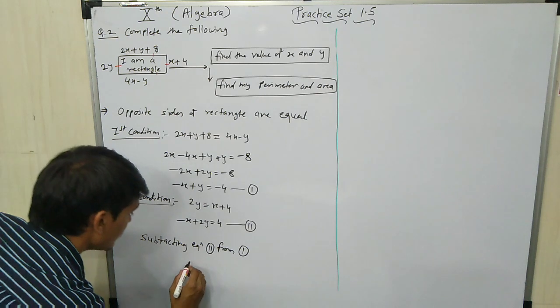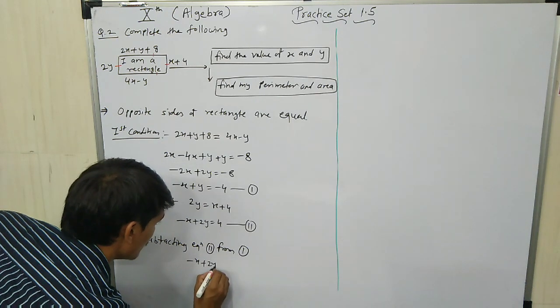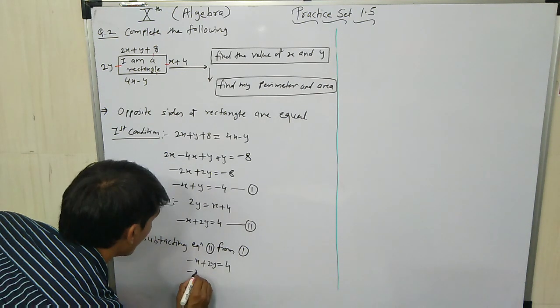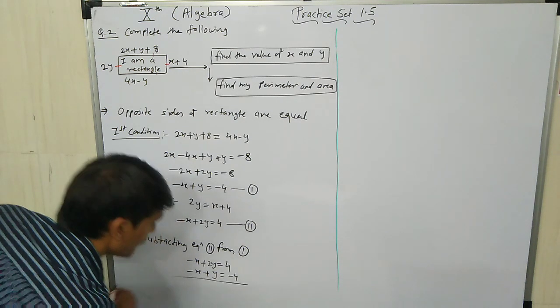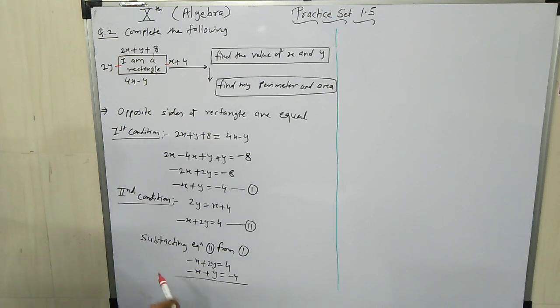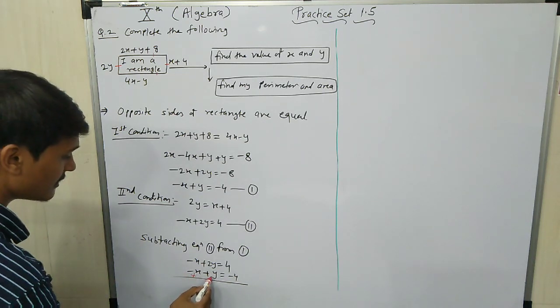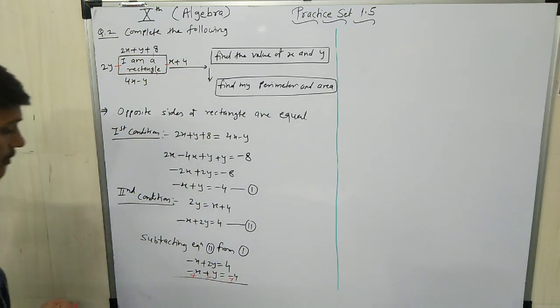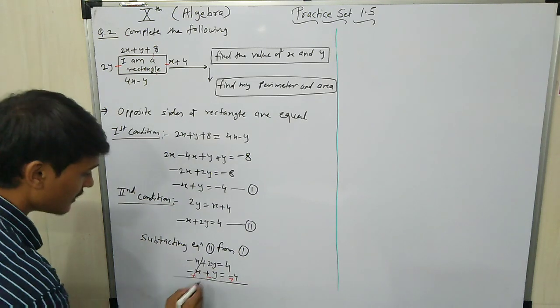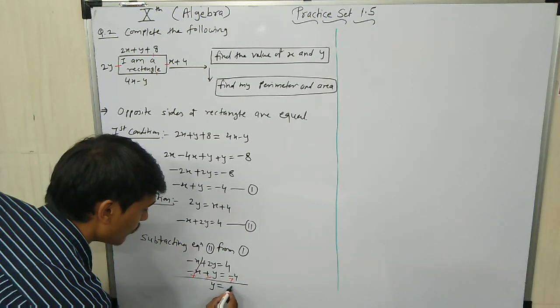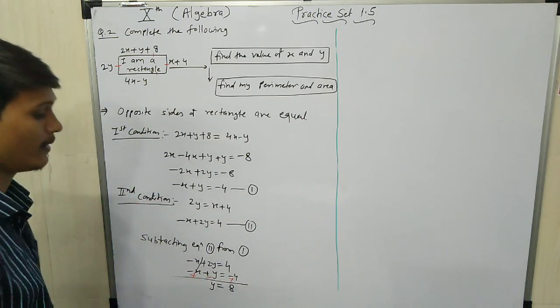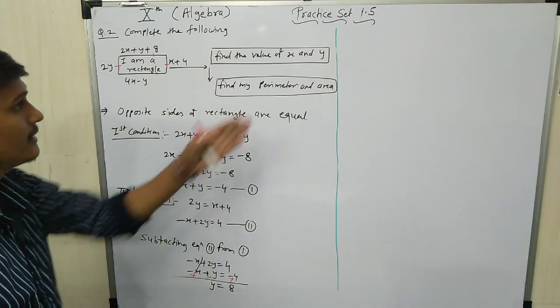What is second? Minus x plus 2y is equal to 4, minus x plus y is equal to minus 4. There is subtracting, sign will be changed, this is cancelled, 2y minus y is equal to 8, y is equal to 8.